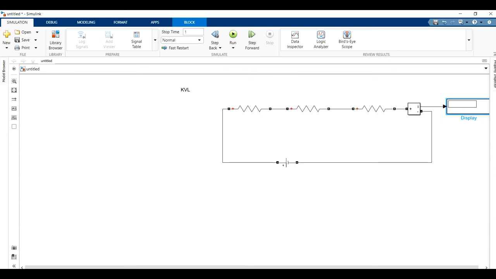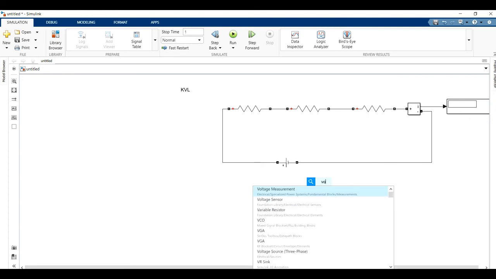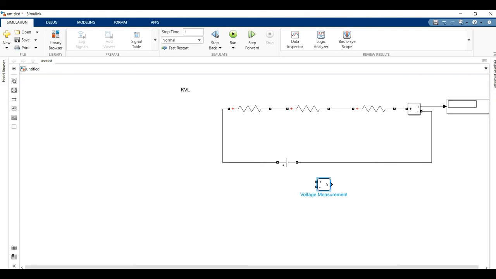Now we need voltage measurements across the voltage source, and the voltage across R1, R2 and R3. Now take a voltage measurement at the source voltage, 90 volts, and put a display unit to it.